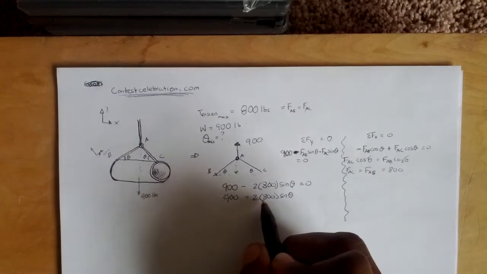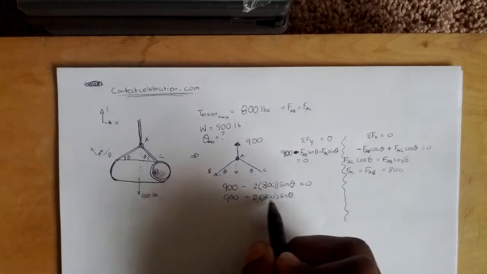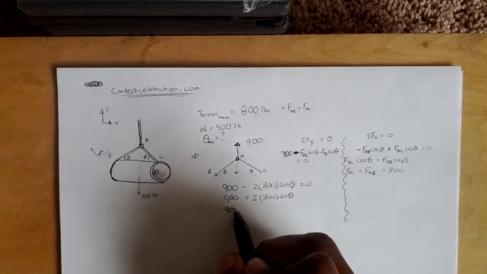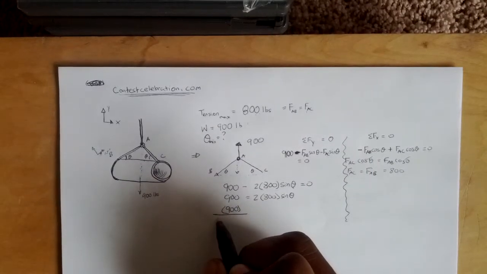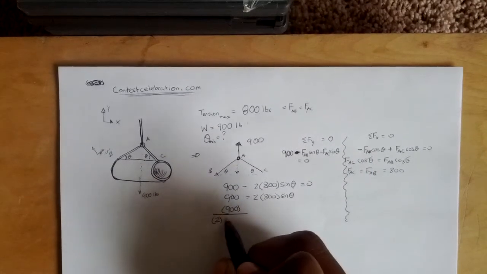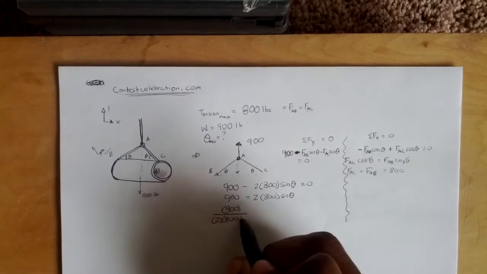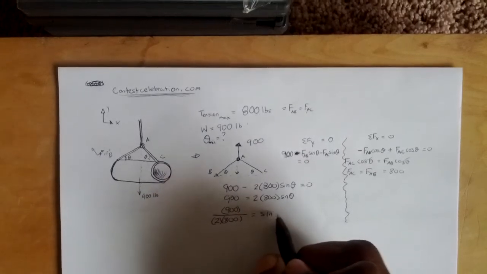Well, looking at it, we know it's 1600, but I like to keep things apart when working with fractions. That way you don't do any multiplication or division that you don't need to do because it's already broken up. So equals sine of theta.